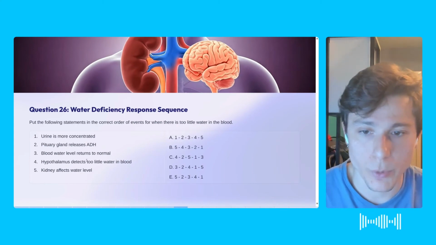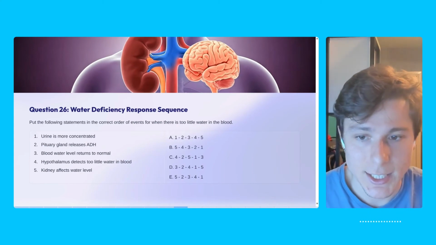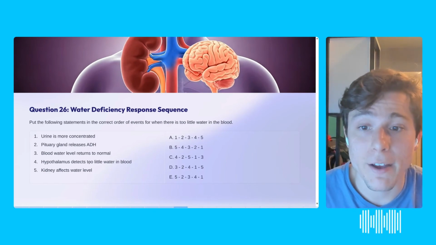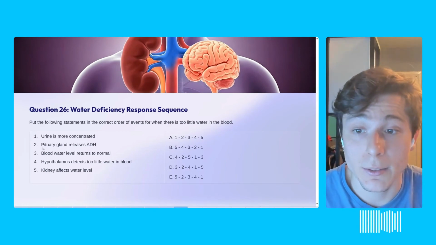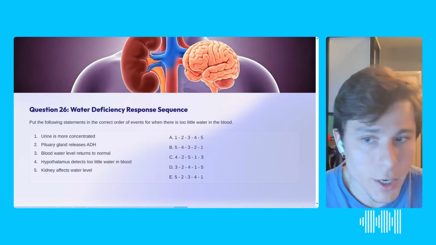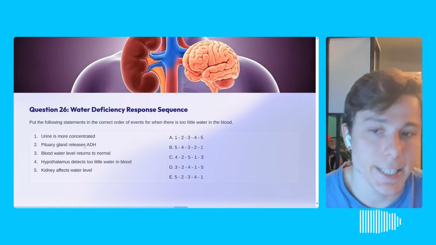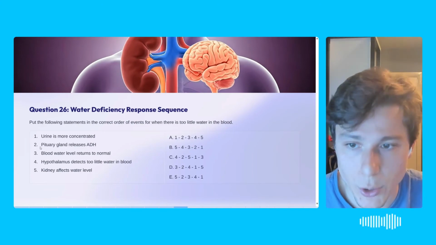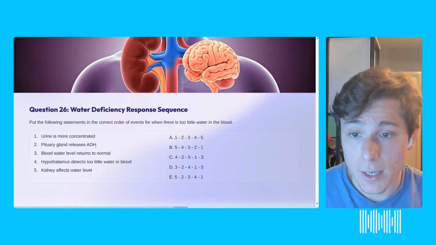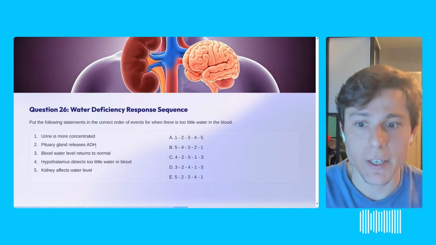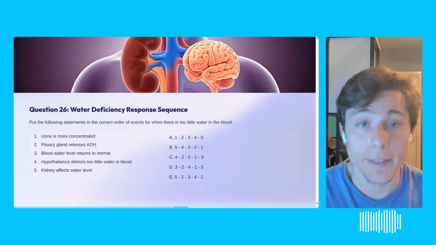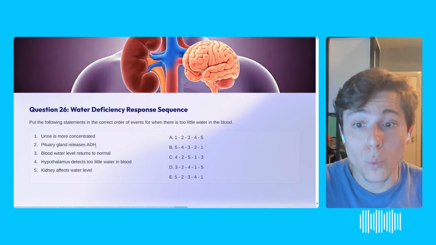So it all starts with the hypothalamus. It's going to detect and produce, and thankfully it will probably already have ADH stored in the pituitary. So it's going to command the pituitary gland to release the ADH. So 4-2. After that, the ADH will give information to our kidney to affect the water level, to make our kidney stop and absorb more water.